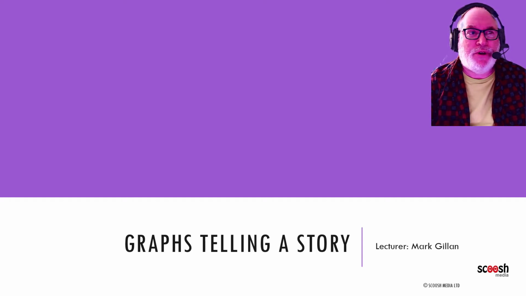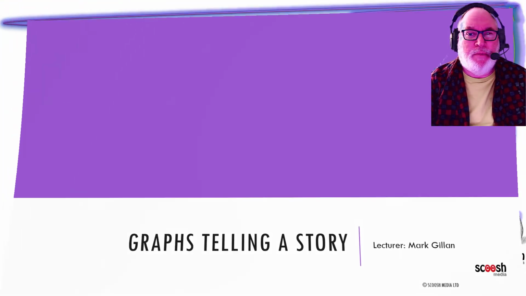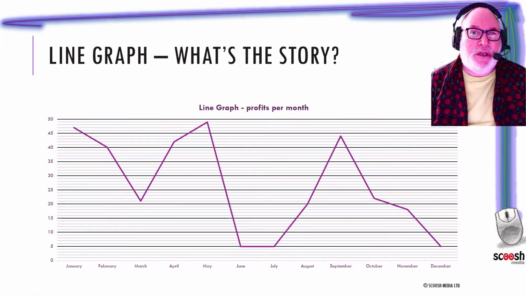So I'm going to show you a line chart, a graph. So you can see, do we have a story here? If we take this as being profits per month, it doesn't really matter on the values. It does to an organisation, obviously.